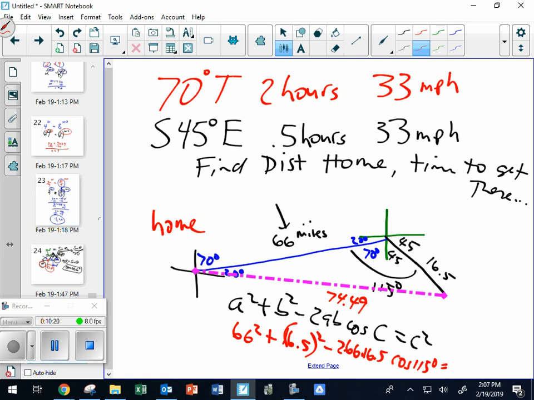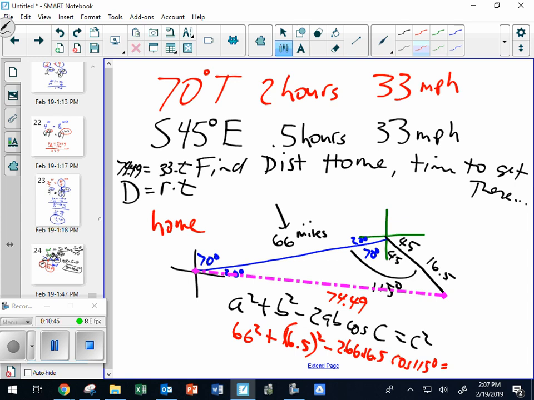All right. So then the follow-up question, how much time should he save for his trip? Well, you just have to take distance is equal to rate times time. One of those little good things to know for the ACT test. So the distance is 74.49, which is equal to the rate, which would be 33, times the time, which I don't know.